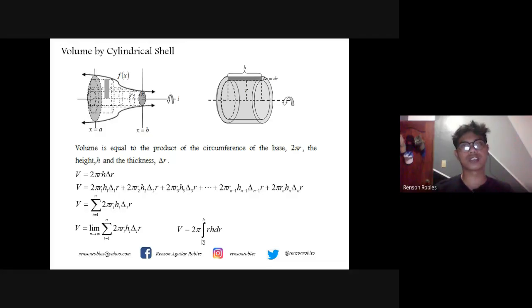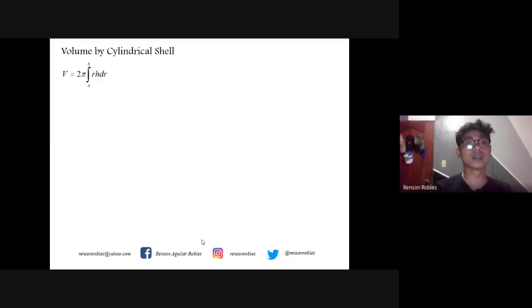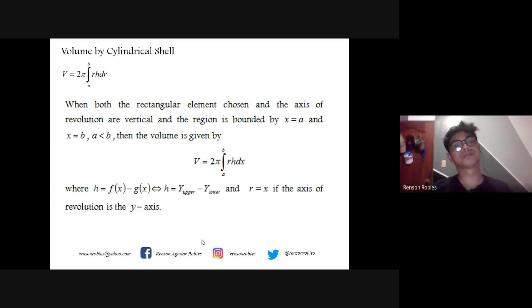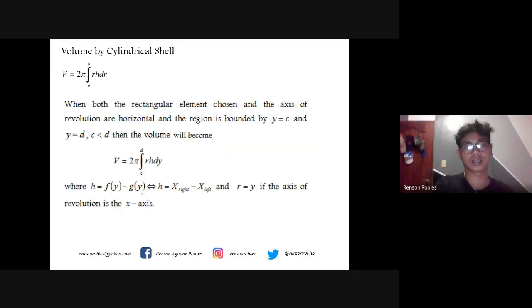If you are using horizontal elements, h is x right minus x left, and dr is dy. r is equal to x if the axis of revolution is the y-axis, and r is equal to y if the axis of revolution is the x-axis.